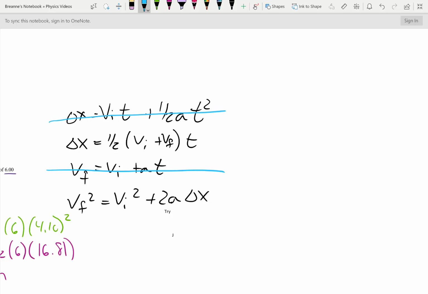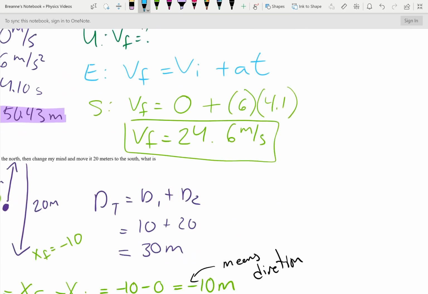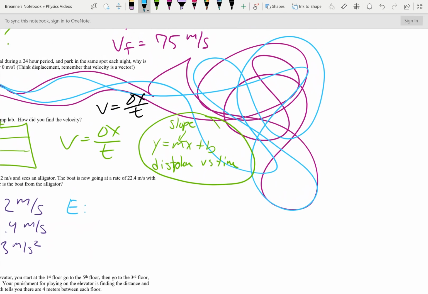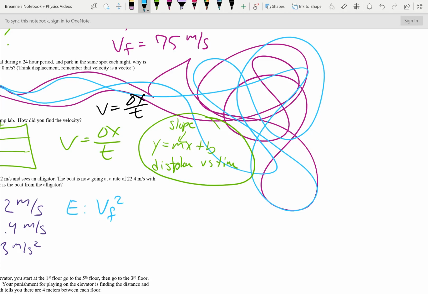We have initial velocity, and we have acceleration. So it looks like we're using that one. We couldn't use the first one because it didn't have final velocity. We couldn't use the second one because it didn't have acceleration. So we're going to use the fourth one: VF squared equals VI squared plus 2A delta X.